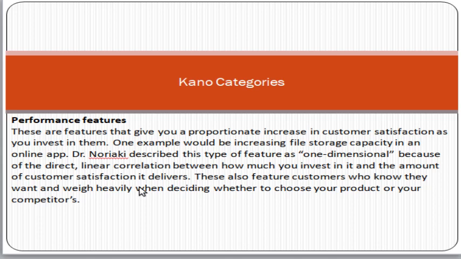So performance features are also very important, and obviously they also improve customer satisfaction. It depends, friends, on whether you want to invest or not, but obviously performance features are important for the implementation of a product.